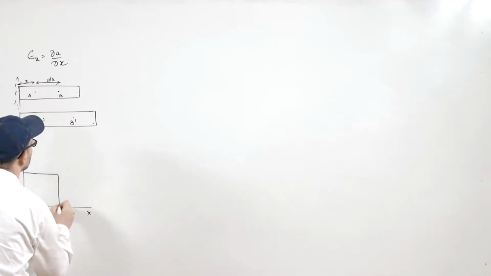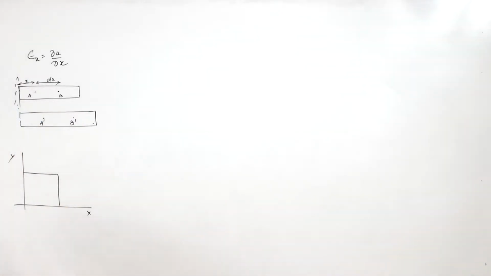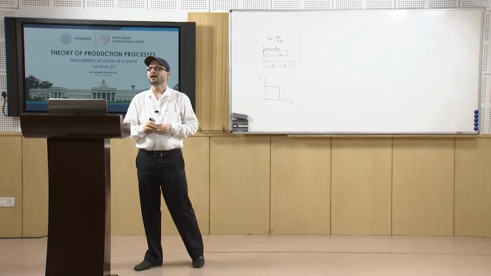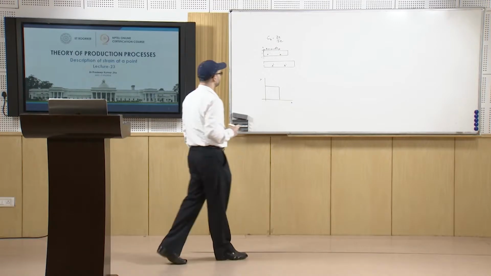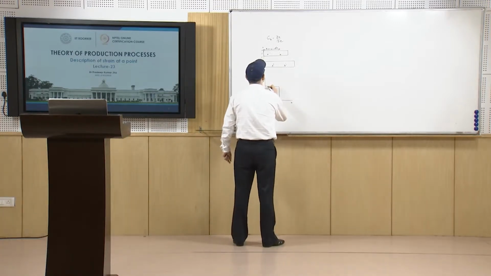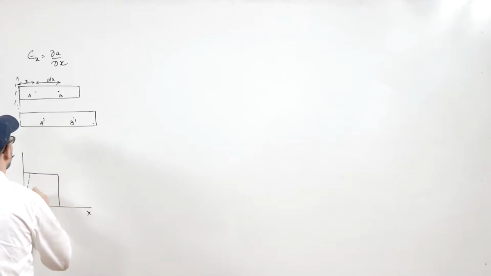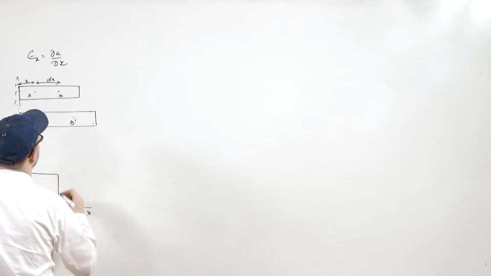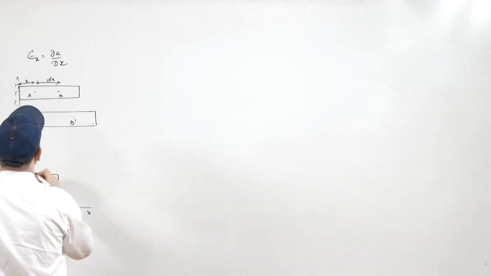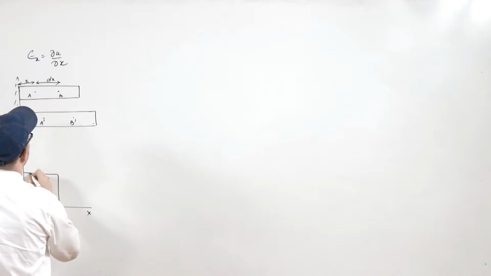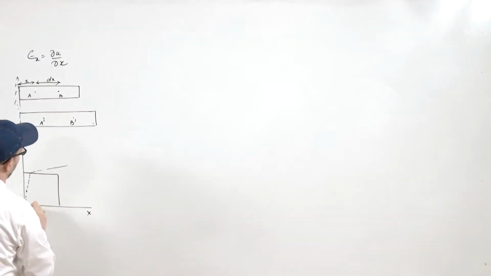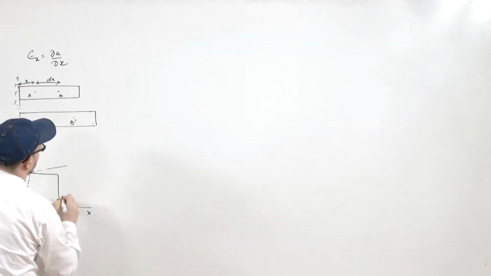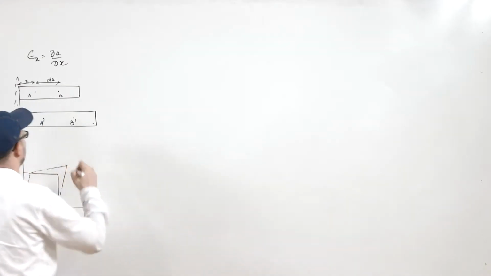Suppose this is the original element, and it changes to a different shape. This will go to that, then this, and then it will move to that.